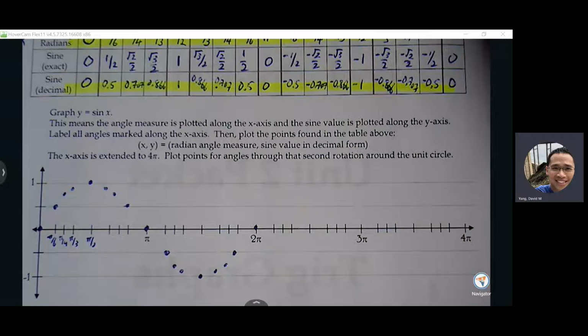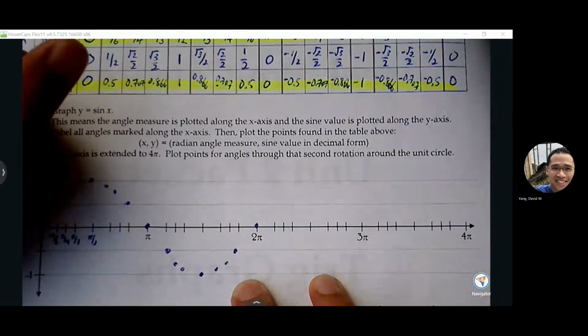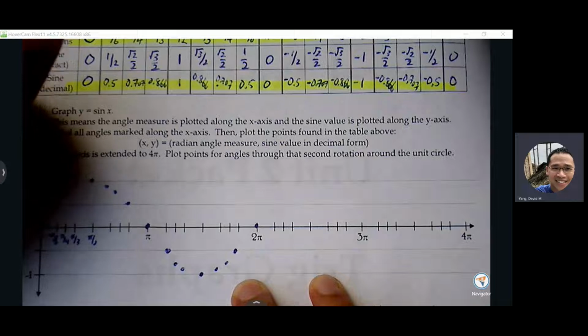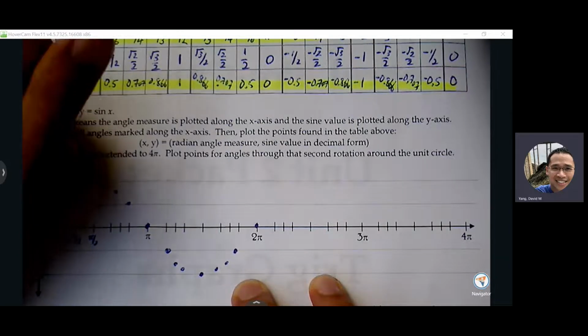So taking all of those y values, translating that unit circle onto a graph, this is what the sine graph looks like. You connect the dots, you can imagine a smooth curve building off of that.